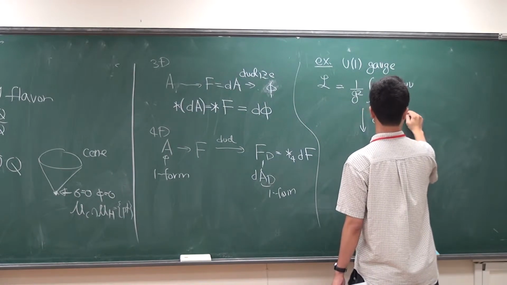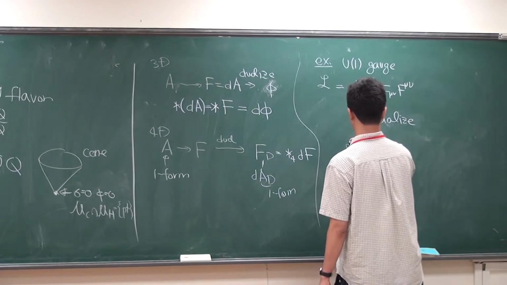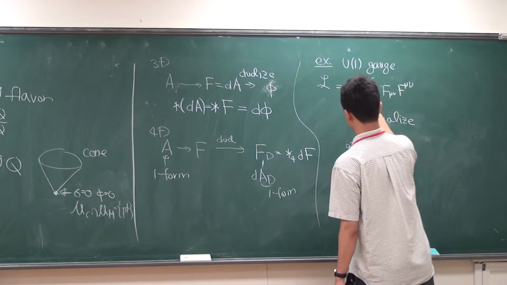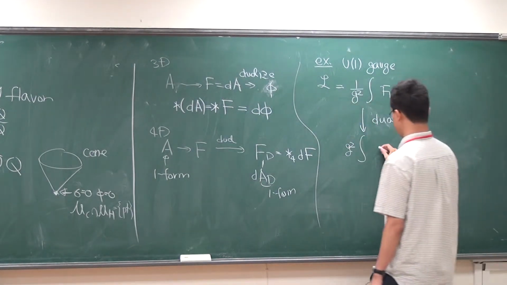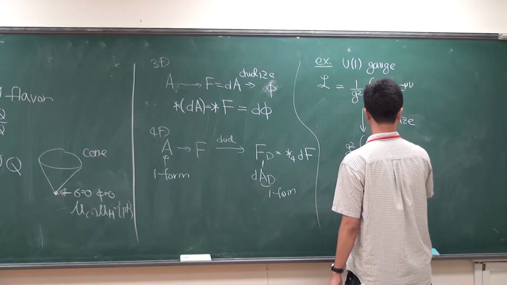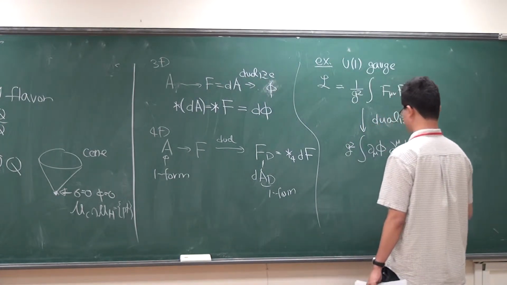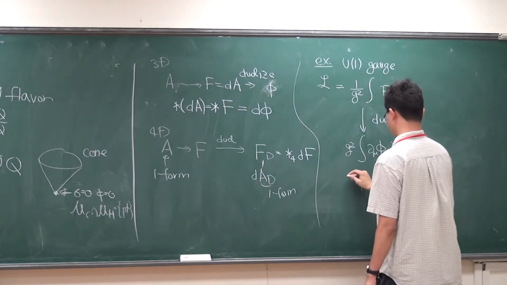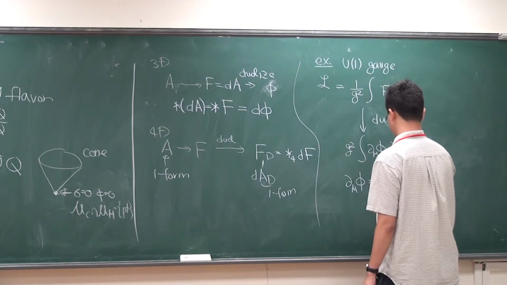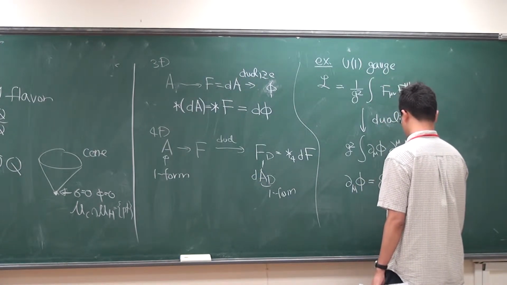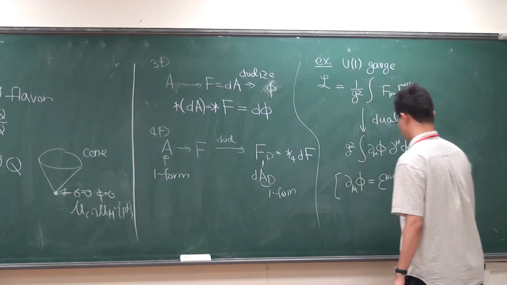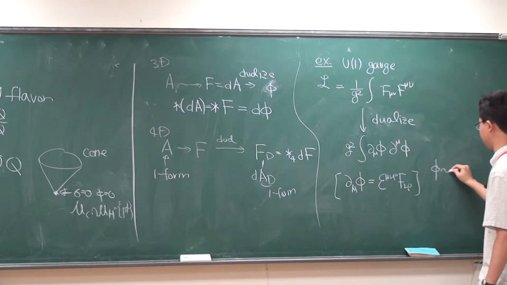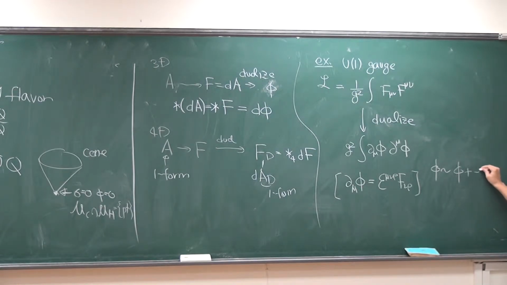I could dualize this to be g squared, so g goes to 1 over g. This can be written as d phi, where phi is related to F by dualization. And besides, this phi has some periodicity properties, which goes like phi plus g squared, a periodic scalar.